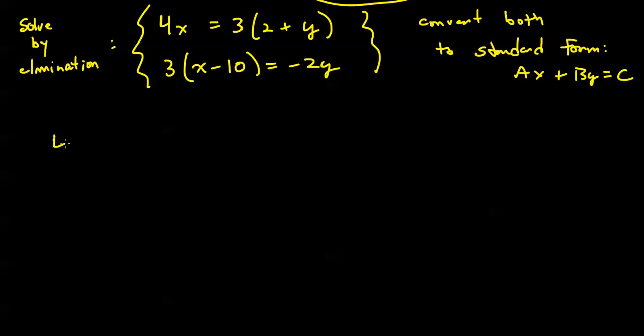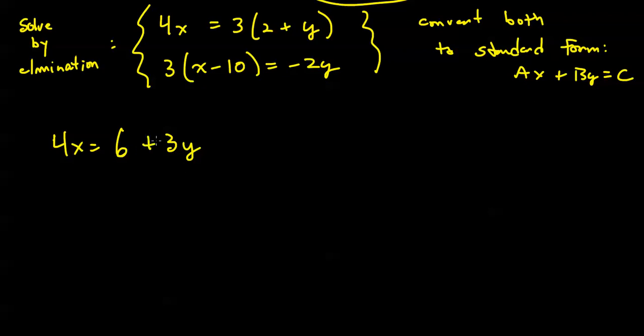If I look at the top equation, well, what I want to do is multiply things out to free up variables from their parentheses. In the top equation, I'll get 4x equals 6 plus 3y. That's a plus there.